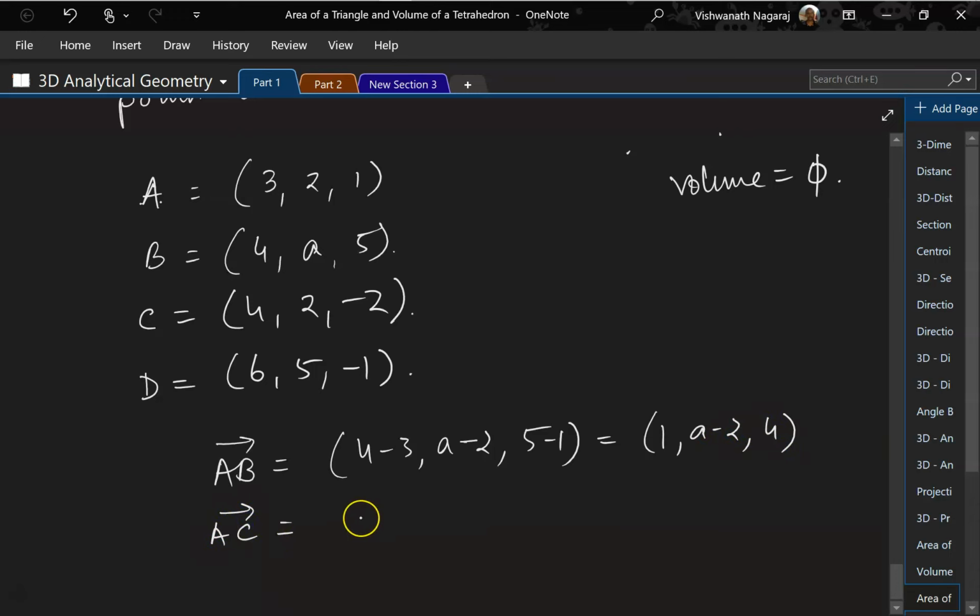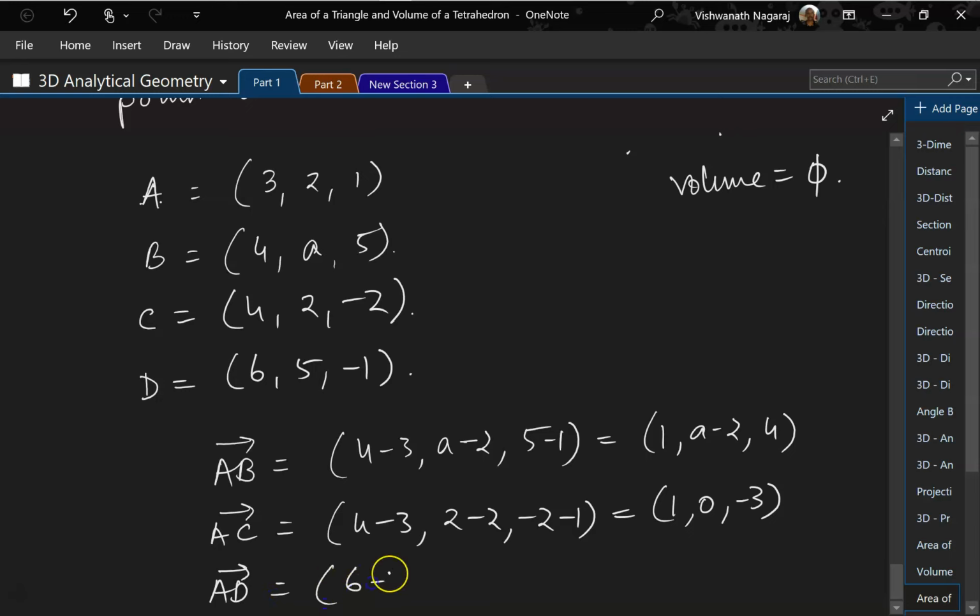AC is equal to (4 minus 3, 2 minus 2, minus 2 minus 1), which is (1, 0, -3). And finally AD, which is (6 minus 3, 5 minus 2, minus 1 minus 1), which is (3, 3, -2).